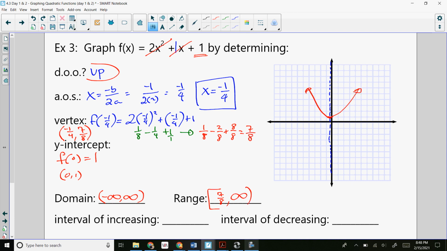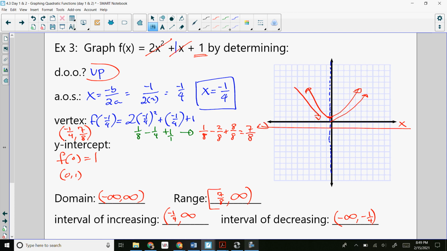The interval of increasing, well, it's increasing from here on up, and that would be from, and this is just the x values that we're looking at, so it's going to be from negative 1/4 to positive infinity, and it's decreasing from negative infinity to negative 1/4. Again, we write the intervals of increasing and decreasing. That's talking about the x values, okay?